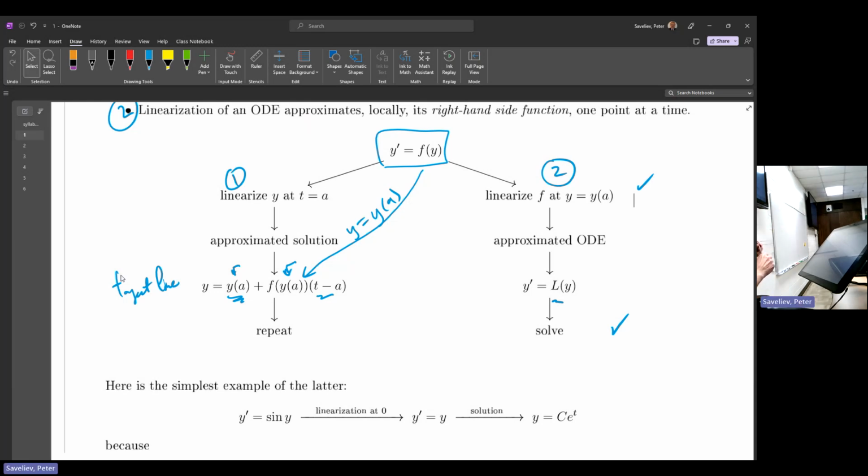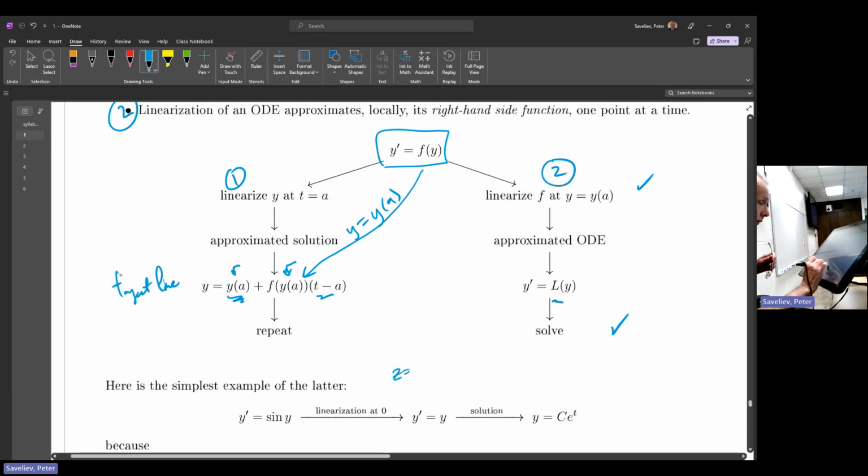What's the derivative? The derivative of sine is cosine, and at 0 cosine is equal to 1, which means that your tangent line is z equals y. That's the tangent.